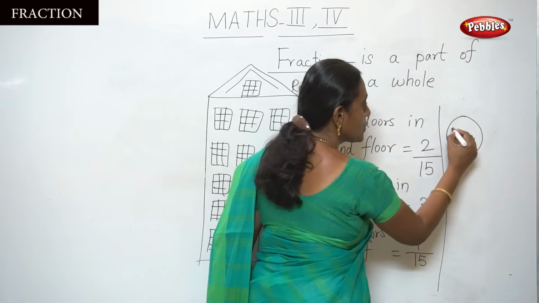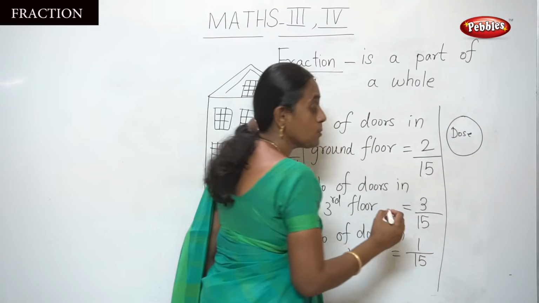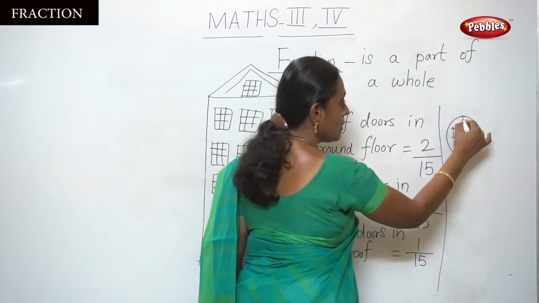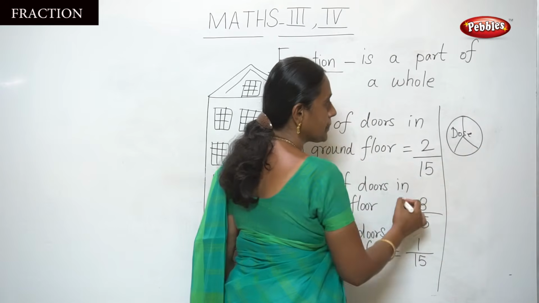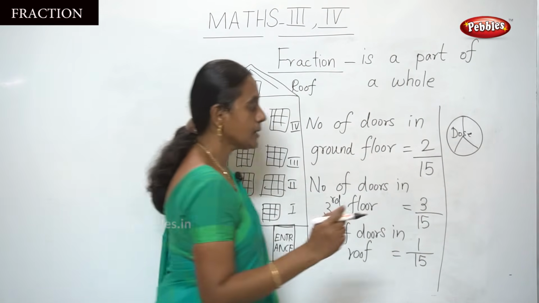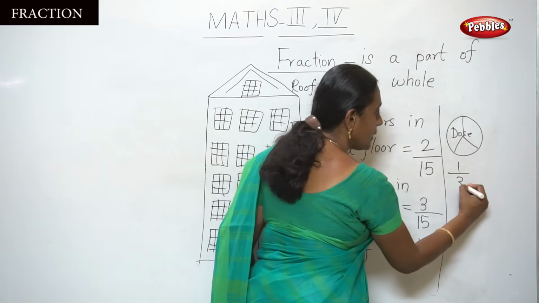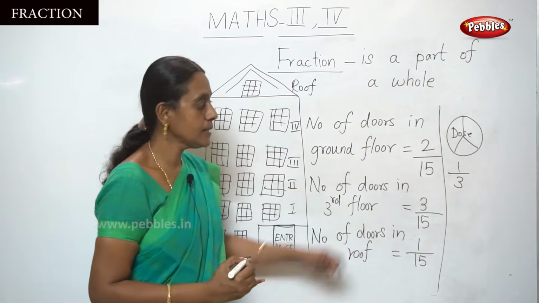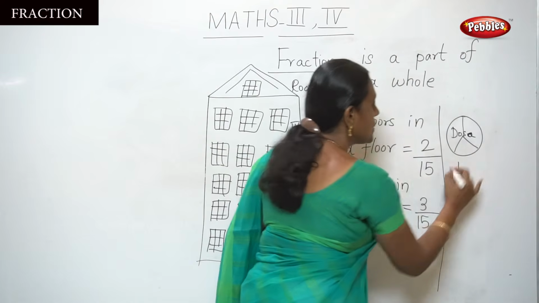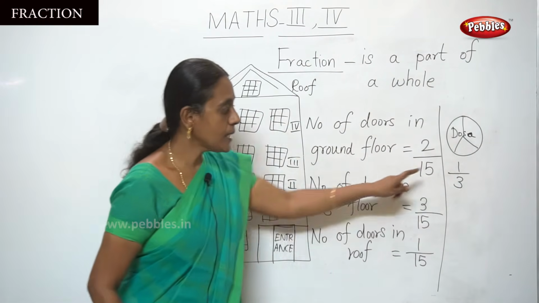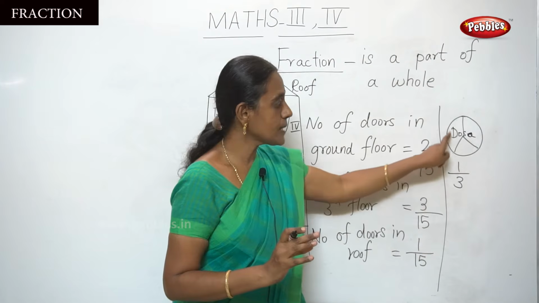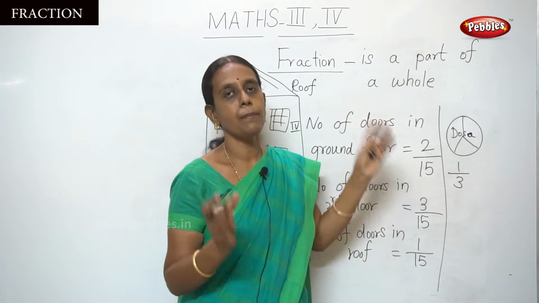Your mom is going to divide it among 3 persons, like this: 1, 2, 3. That is 1 by 3. So each person has one portion of this dosa. So this is a fraction. 1 is the portion each one gets, and 3 is the total number of parts of the whole.